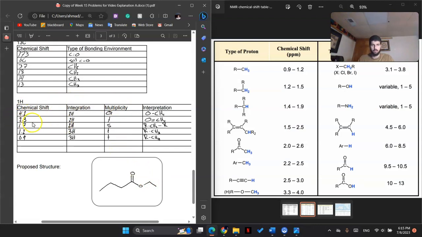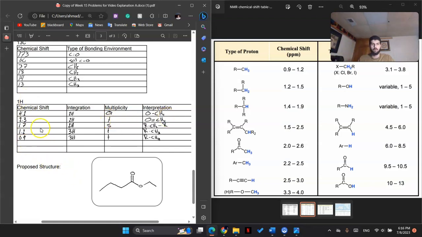Coming down, we have a 2.3, which was a hydrogen that is bonded to a carbon which is bonded to a double-bonded oxygen. I know it sounds confusing, but this would make it a better example right here. It's in between the 2.0 to 2.6 ppm range of chemical shift. And that was a triplet because the neighboring hydrogen has an n value of 2, which results in 2 plus 1 equaling 3, giving us a multiplicity of triplet.